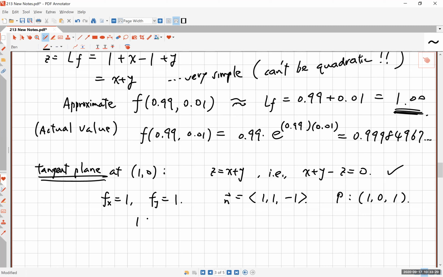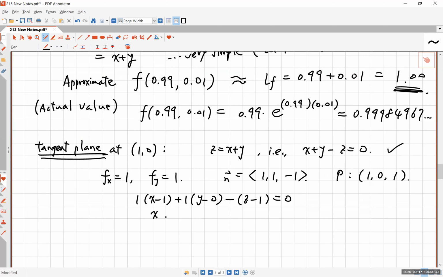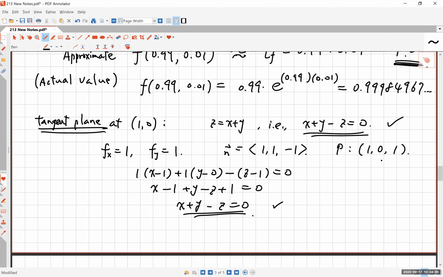So you can do 1 times x minus 1 plus 1 times y minus 0 minus z minus 1 is equal to 0. That's x minus 1 plus y minus z plus 1 is equal to 0, and that reduces to x plus y minus z is equal to 0, which not surprisingly is exactly what I got here. Okay, so this is the tangent plane, which of course, if you solve this for z, you get the linear approximation.